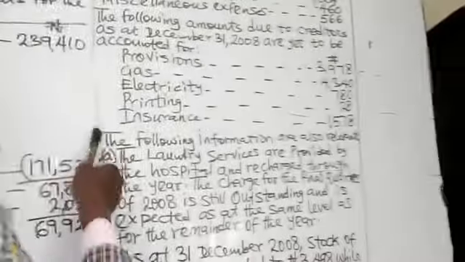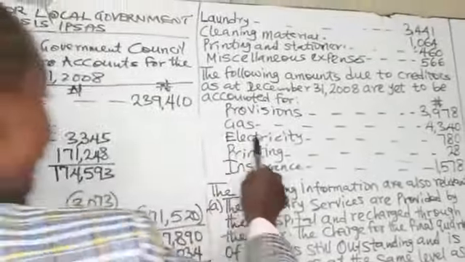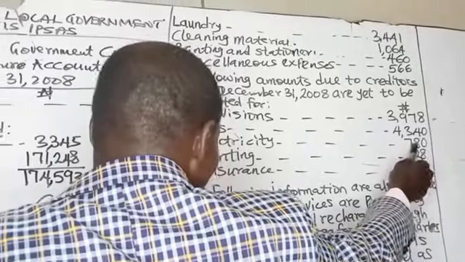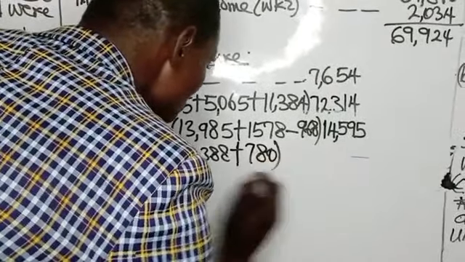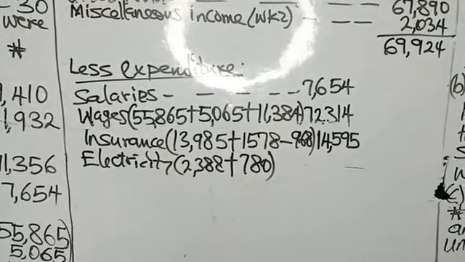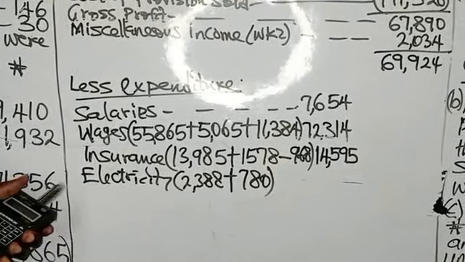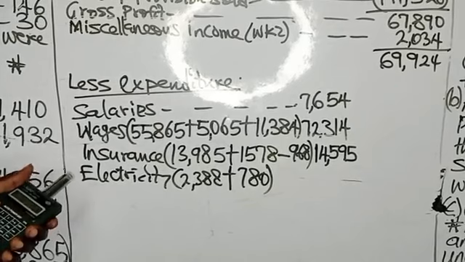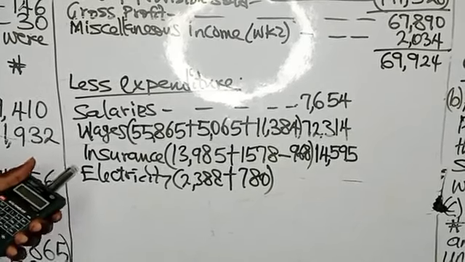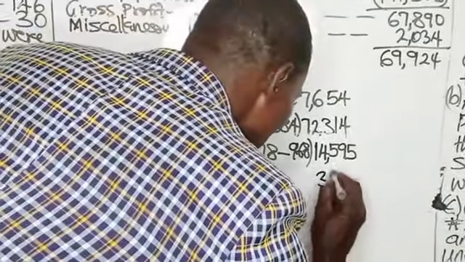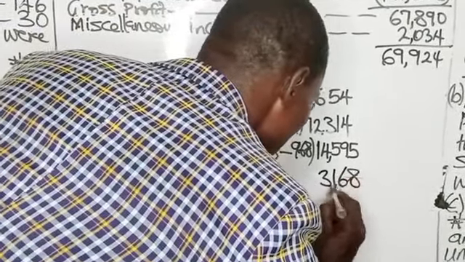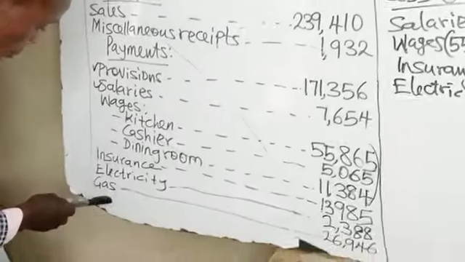Check the closing entry. We have creditors for electricity. This is accrued, 780. Remember, we used to add the closing accruals. So plus 780. We didn't have an opening. If you have any in opening, that will have been subtracted. 2,388 plus 780 gives us 3,168.